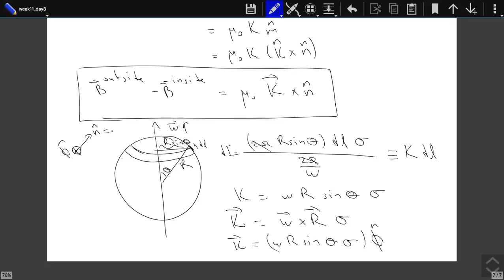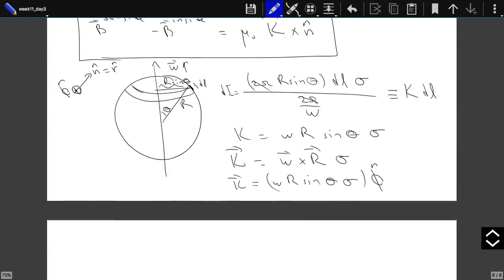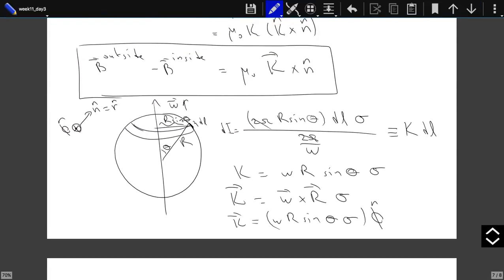This is my normal vector, which is nothing but r hat. So k cross n. What is the direction of k cross n? K cross n is this direction, which is nothing but theta hat.